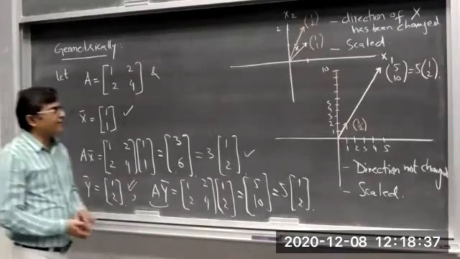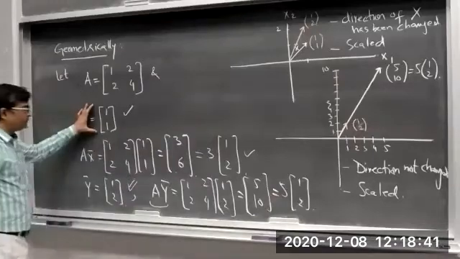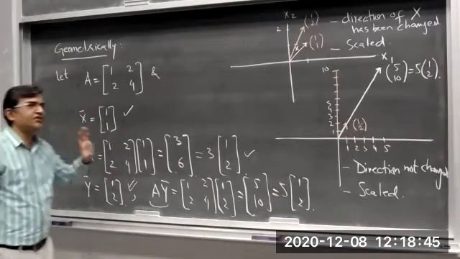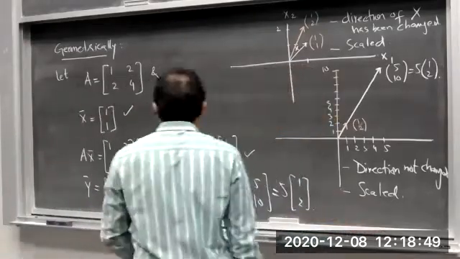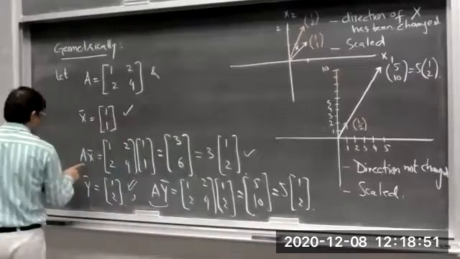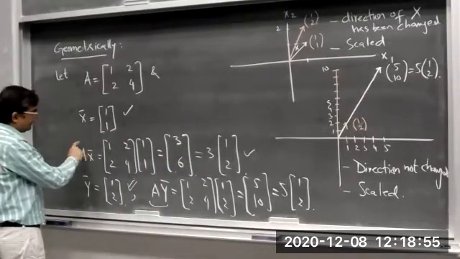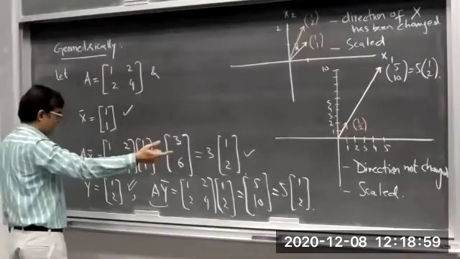You can say that simply: all the vectors that do not change their direction, they are not rotated in fact, under the transformation A. Basically, this A is going to transform this vector into a new vector.